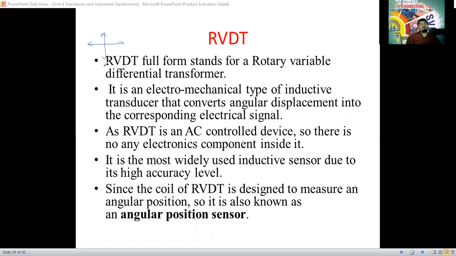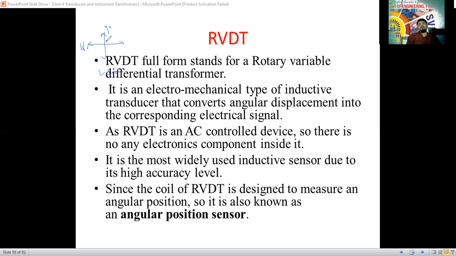Okay, this is 90, this is 180 degree, this is 270 degree. Already we have identified by using the LVDT. Left and right we have measured. Up and down we have measured. So 90 and 270 degrees, 0 and 180 degree we have measured.